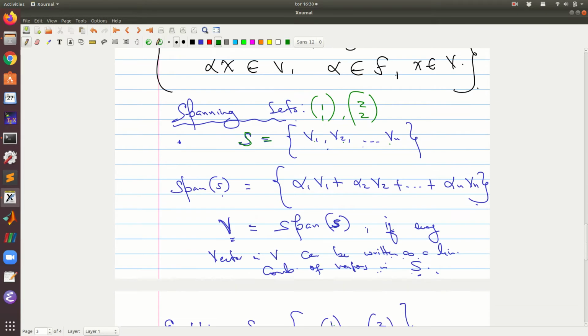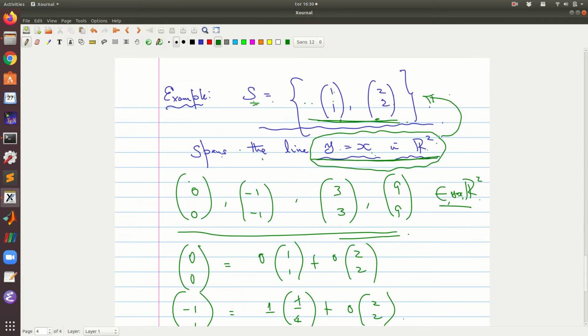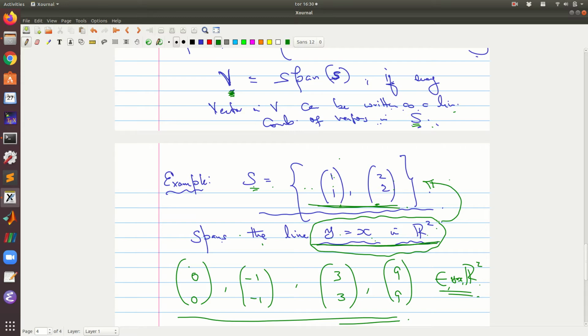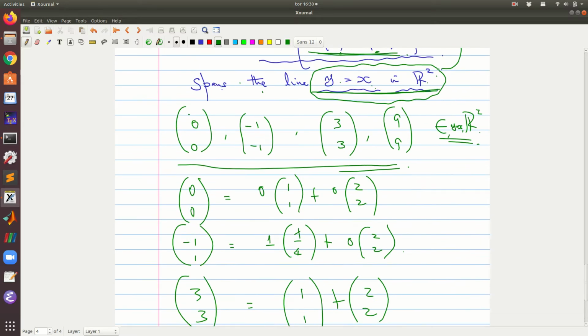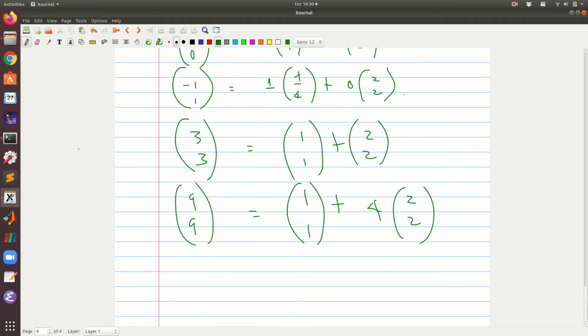So we are saying that the set S spans the vector space V, because every vector in V can be written as a linear combination of the vectors in S. In other words, every vector in V which we chose, which satisfied this, could be written as a linear combination of these vectors. I hope it is not ambiguous, but you can take some time and think about it. I hope it will make some sense.